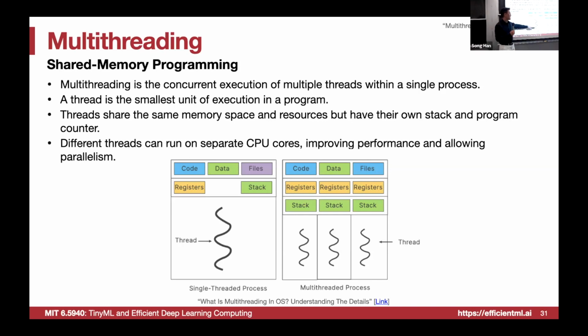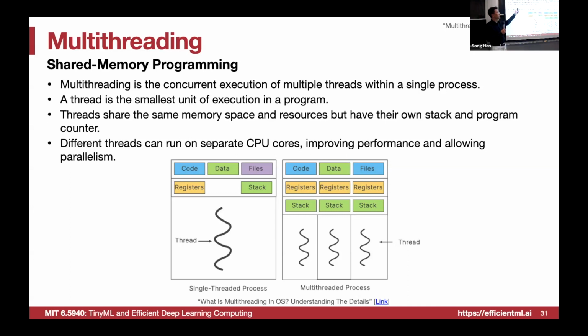In a single thread case, they have the code segment, data segment, several open files, registers, and stack. But when you have multiple threads, they share the code, data, and also the files. But each thread can have its own registers and its own stack, meaning that it also has its own program counter.